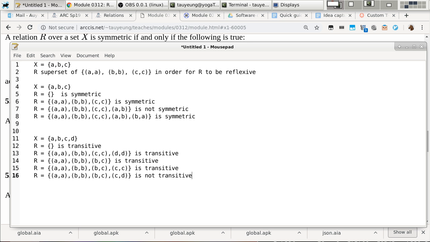But the way it is right now is not transitive, because I can choose B to be E, C to be F, D to be G. Then I can make EF in R, FG in R, but EG, BD, is not in R. So I can make the left-hand side of the implication true, but the right-hand side of the implication false.